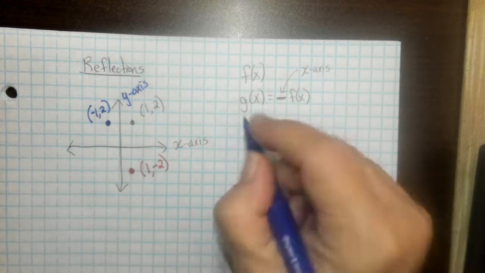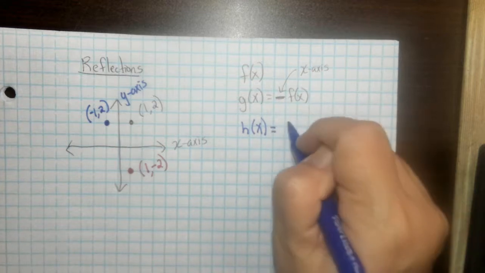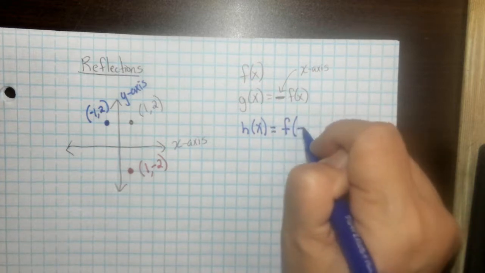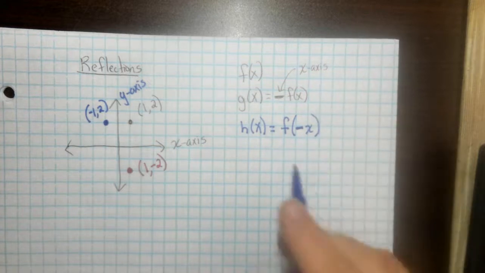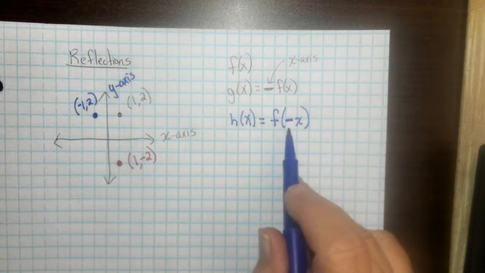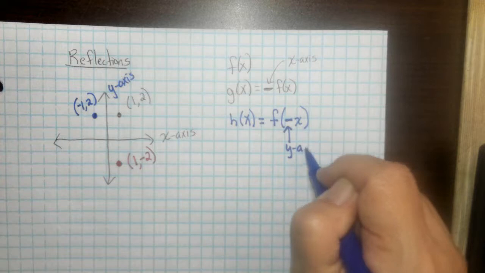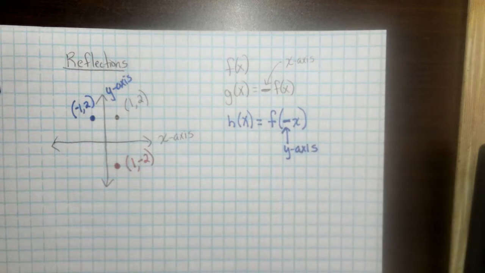So this blue one is if I had h of x being equal to f of negative x. So if the input is what's negative, that's going to reflect over the y-axis. So again, I think it's very helpful when you're dealing with functions to think about input and output.